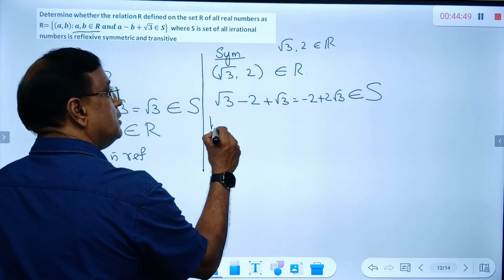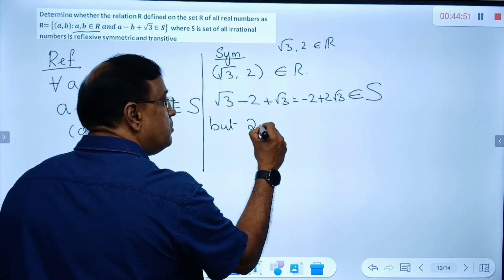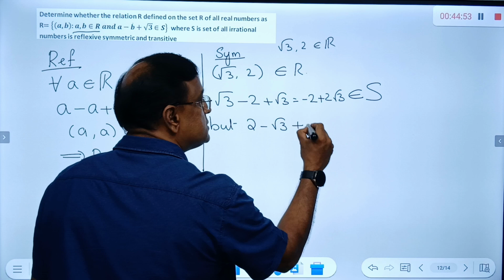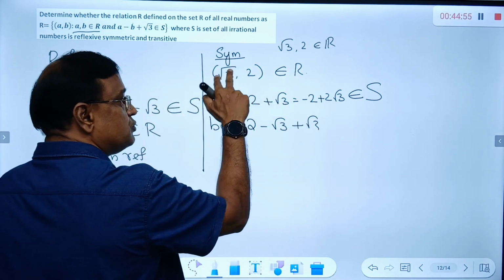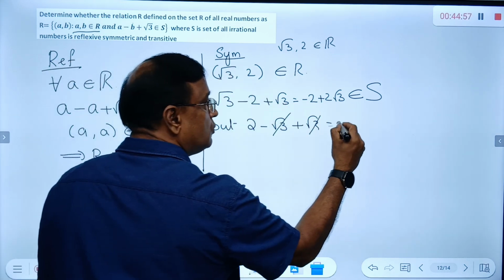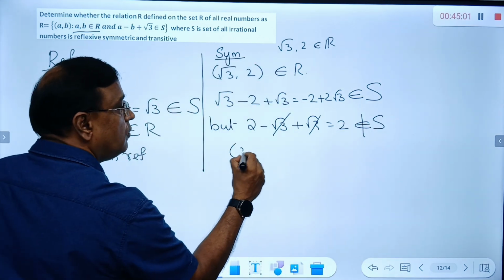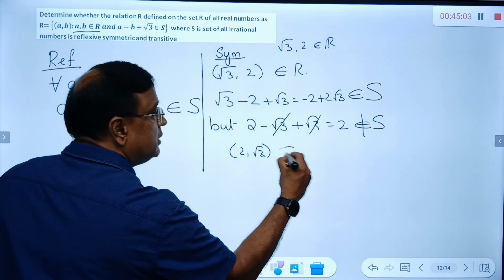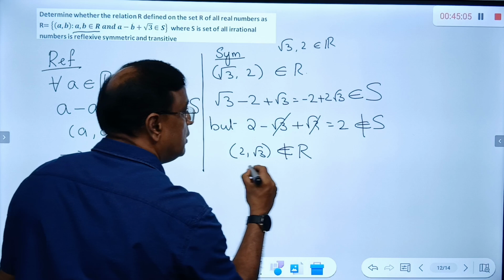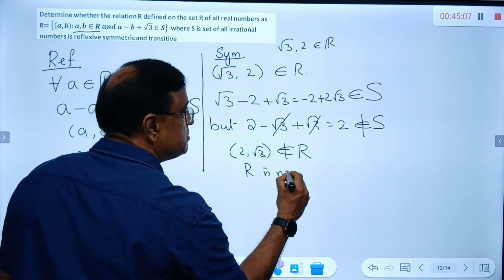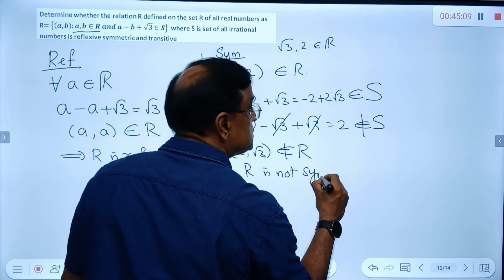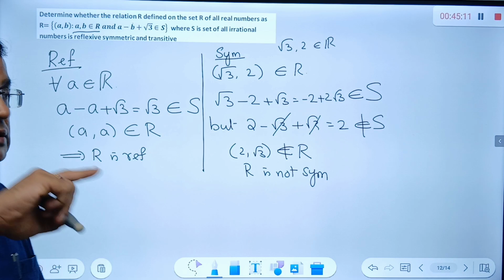But you see, 2 minus root 3 plus root 3, if I interchange the position, you get 2, which is definitely not irrational. Therefore, (2, root 3) does not belong to R. Therefore, R is not symmetric.